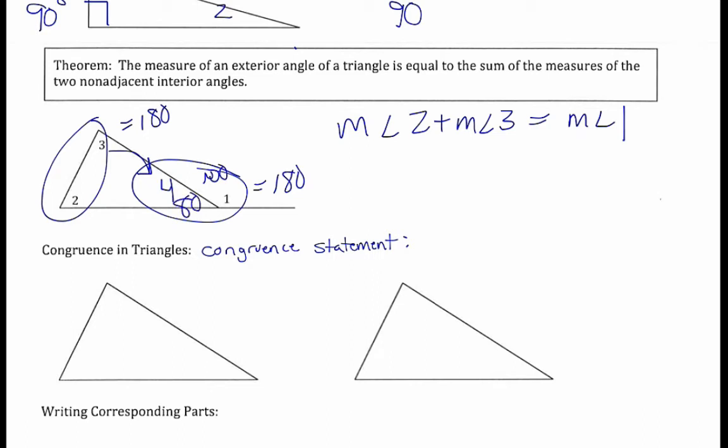But since 3 and 2 have to add up with that same angle in the triangle to make 180, that leaves me 100 degrees left over for 2 and 3 together. So 2 and 3 equal angle 1 no matter what. And we call that the remote interior angles theorem. So if you want to think of that as just a simple name, it's called the remote interior angles theorem.